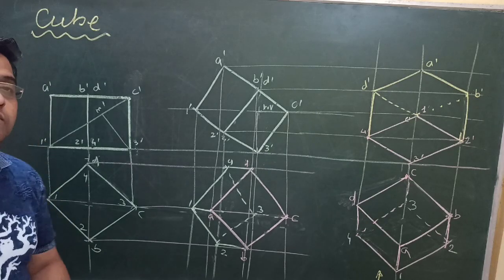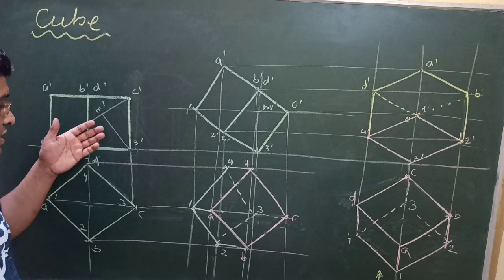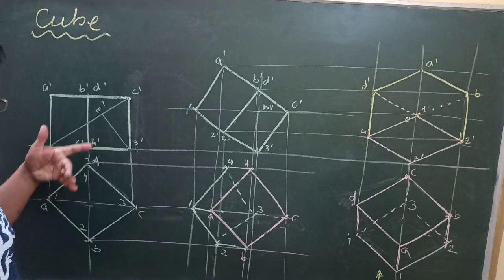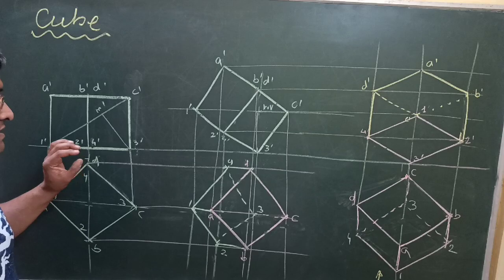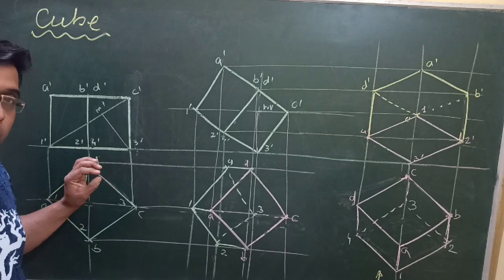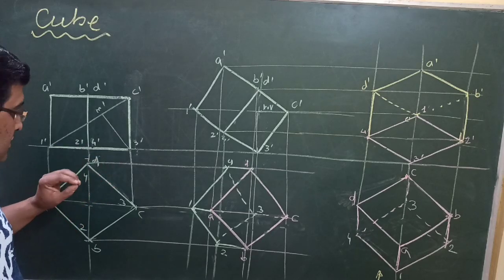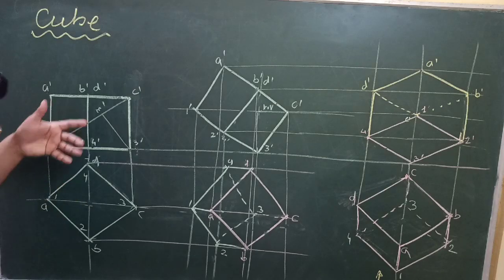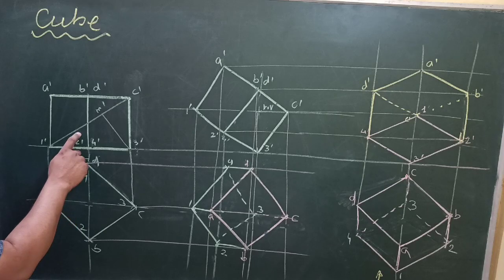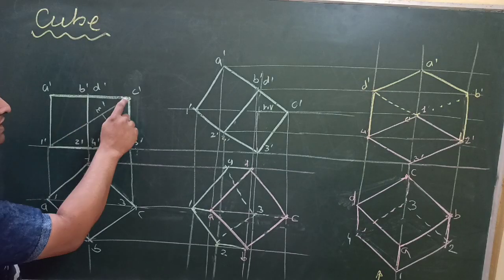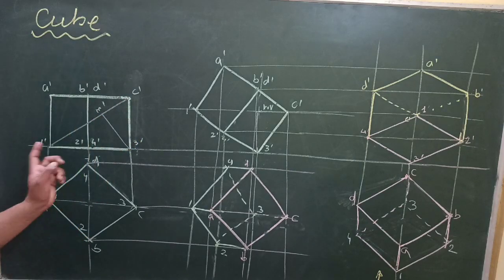As we discussed in our previous video on how to draw the initial position, meaning front view and top view, I will provide a link for that video in my description section. So these are the front view and top view of the cube in initial position. I have joined 1 dash to C dash, that is the solid diagonal of this cube.